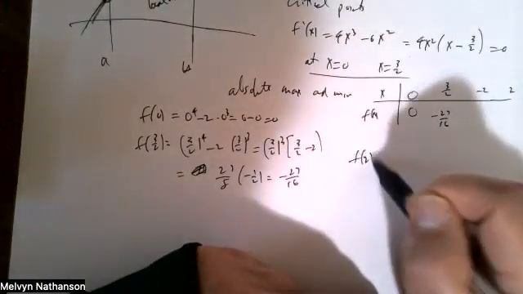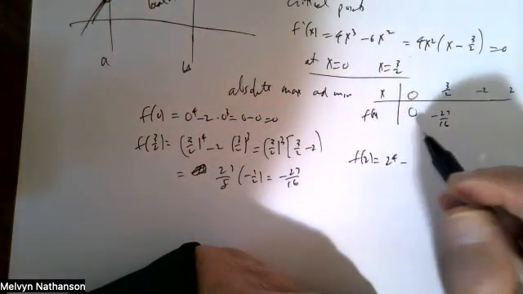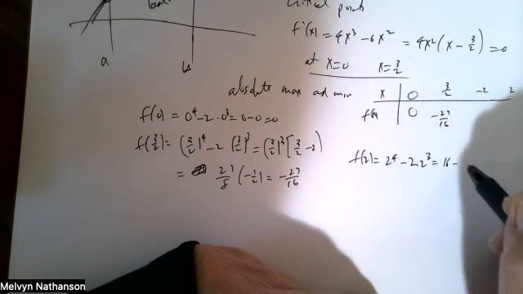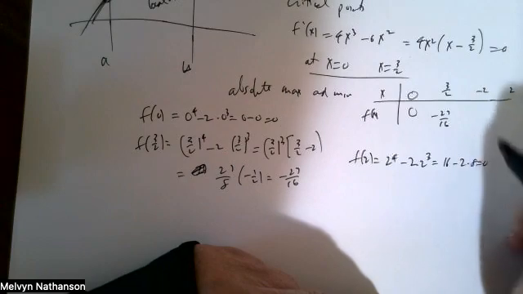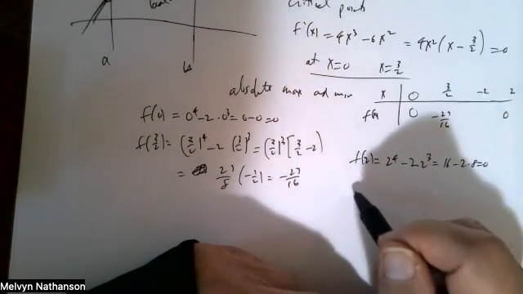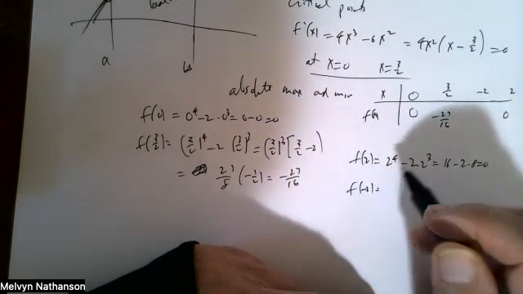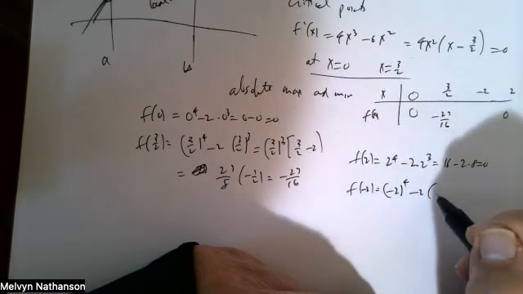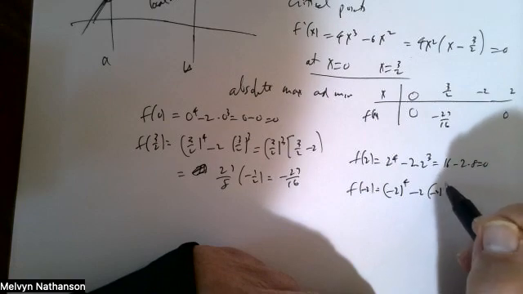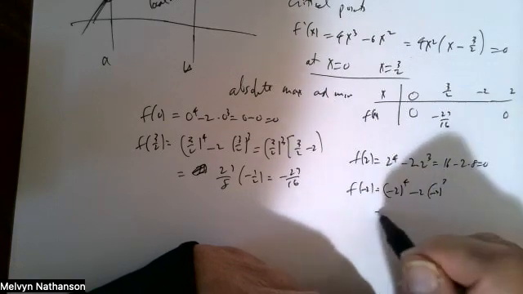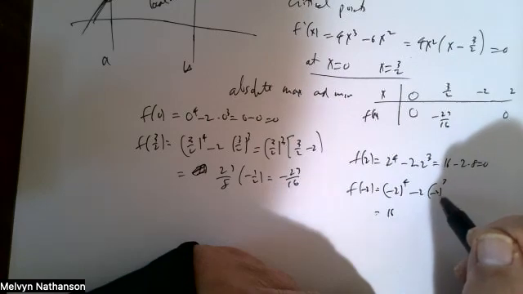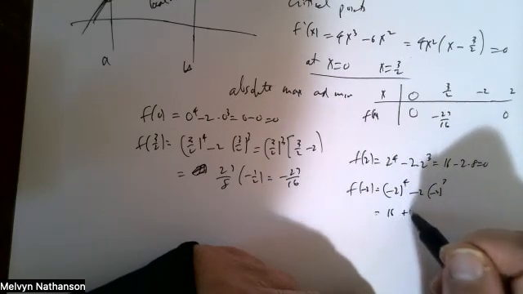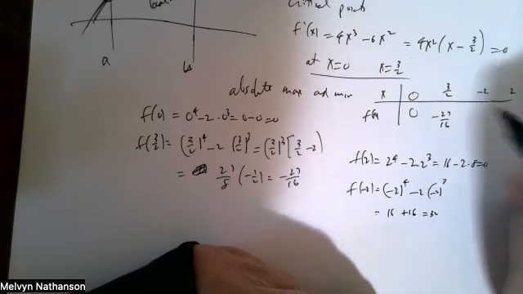The value of the function at 2 is 2 to the 4th minus 2 times 2 cubed, which is 16 minus 2 times 8, which is 0. The value of the function at -2 is -2 to the 4th minus 2 times -2 cubed. This is 16 minus 2 times -8, plus 16, which is 32.